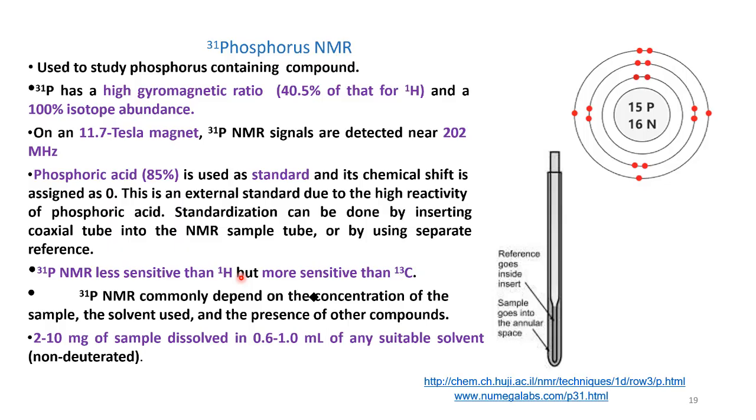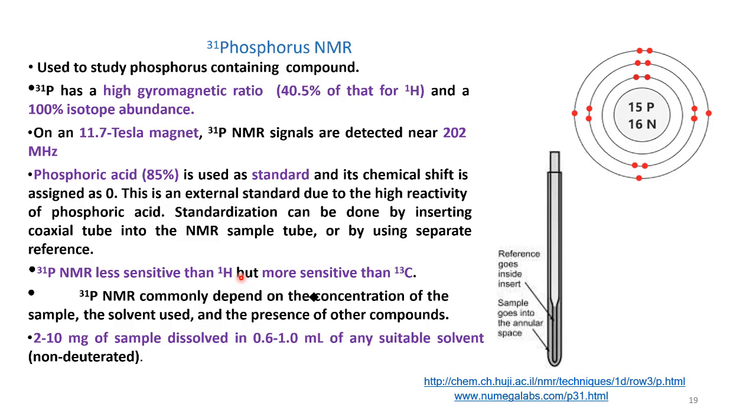Then for phosphorus, again one of the most common materials is phosphorus. If we are talking about polymer chemistry, only rarely do we have phosphorus in the polymer itself, but in the additives it is very abundantly present. So if we have an additive or impurity in our sample, we need to know about the peaks of phosphorus in the NMR.